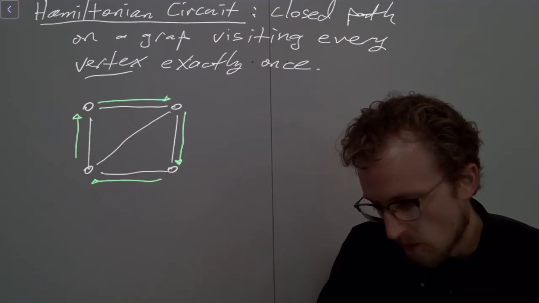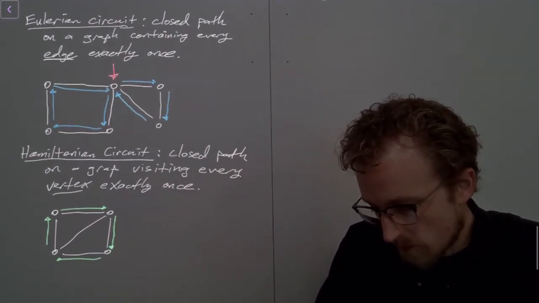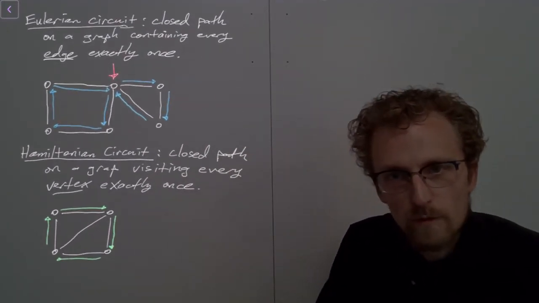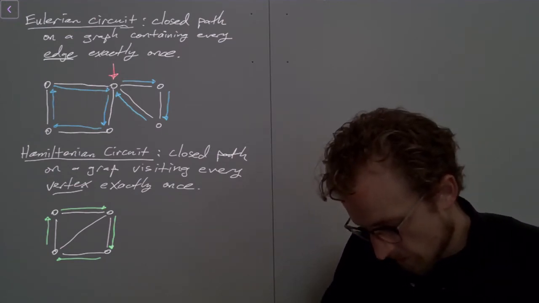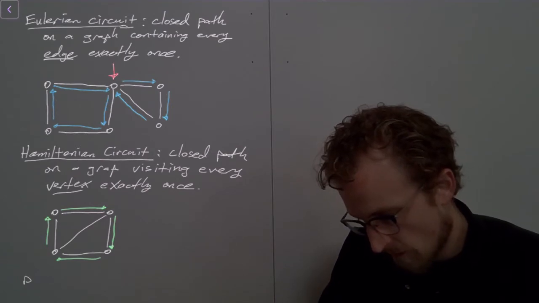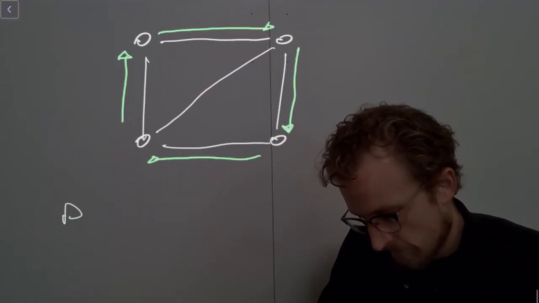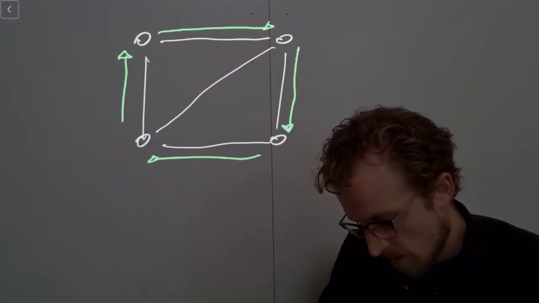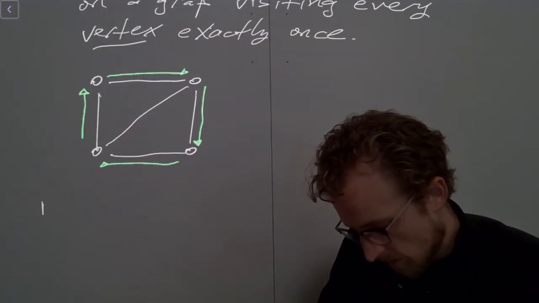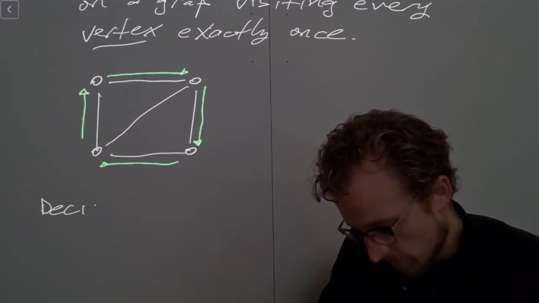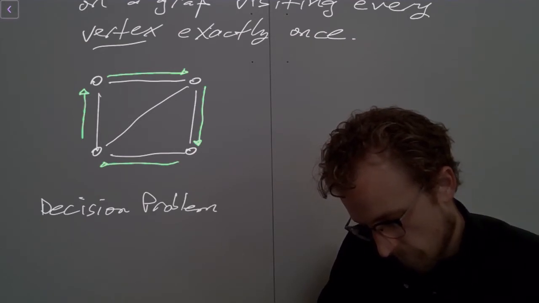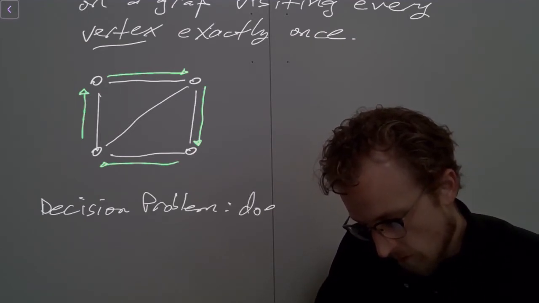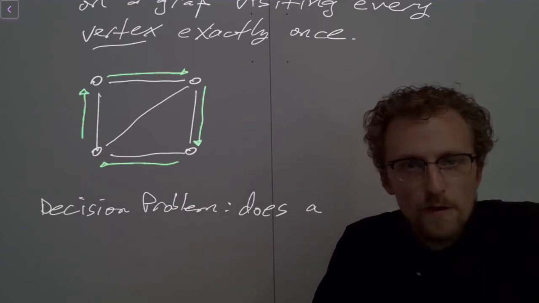Okay, so we can convert each of these definitions of circuits into a decision problem. The decision problem goes like this. Does a given graph have either of these circuits, right?